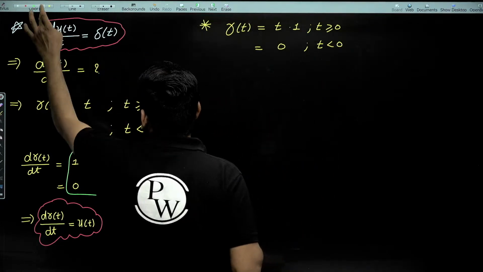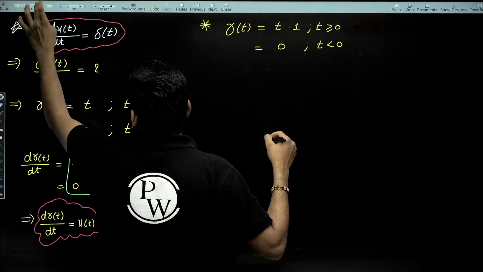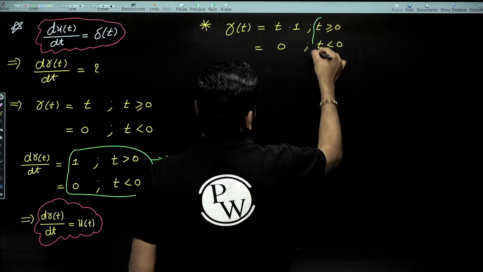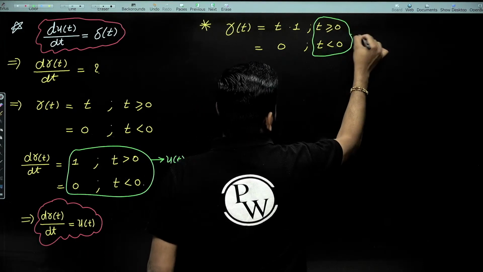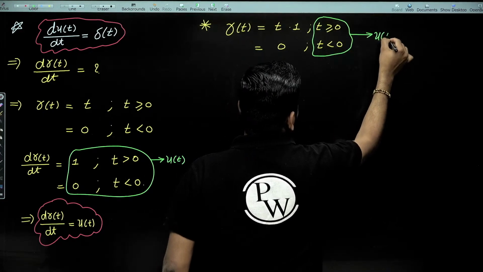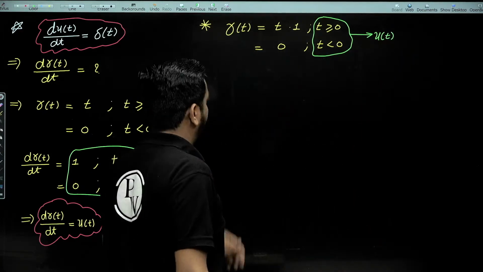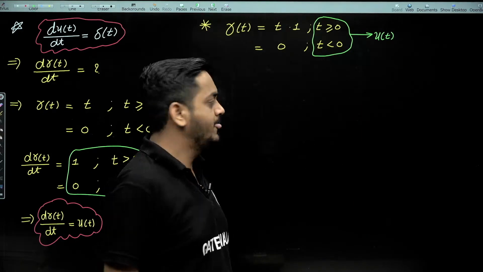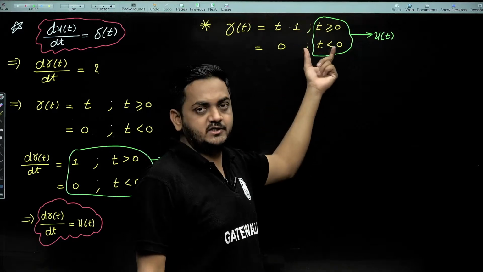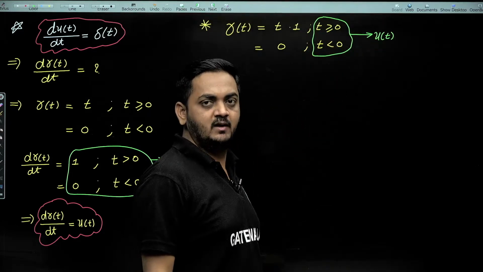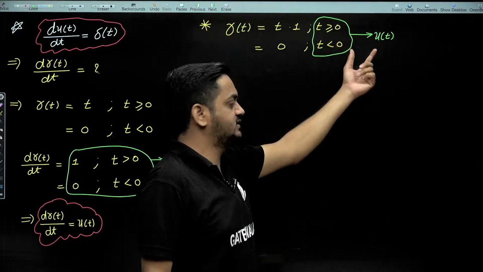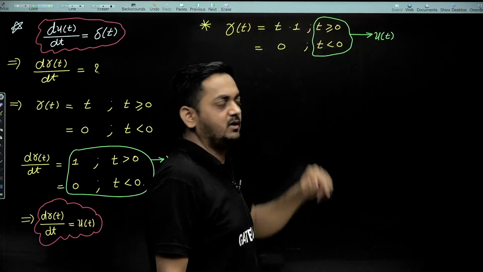If you don't want to write this condition, then instead of this you can write u of t. Correct? Because u of t is also 1 for t greater than 0, and it is 0 for t less than 0.